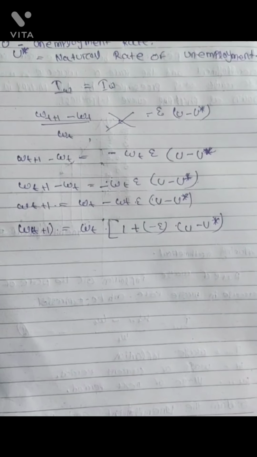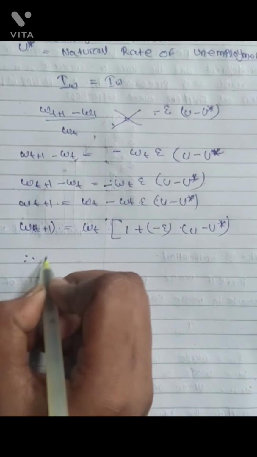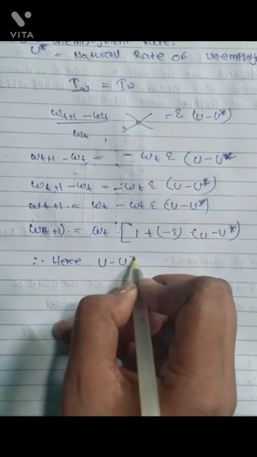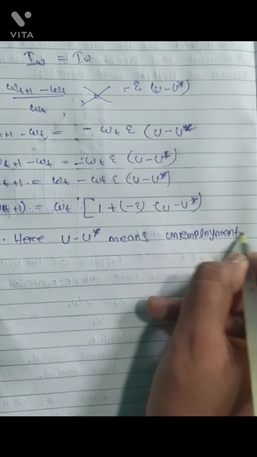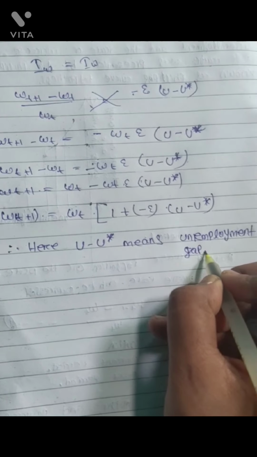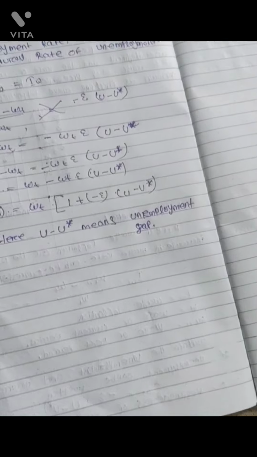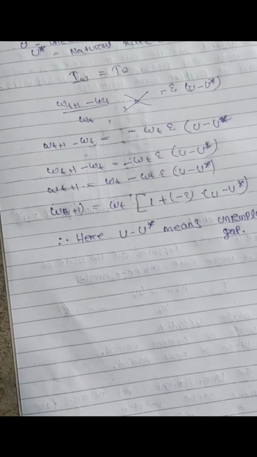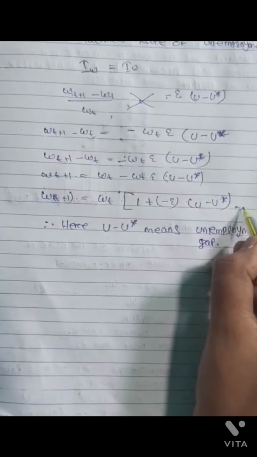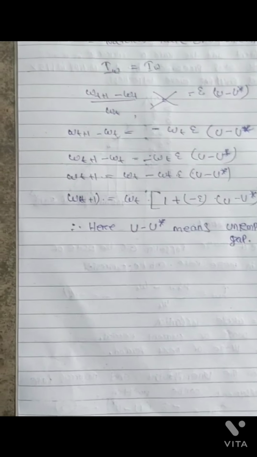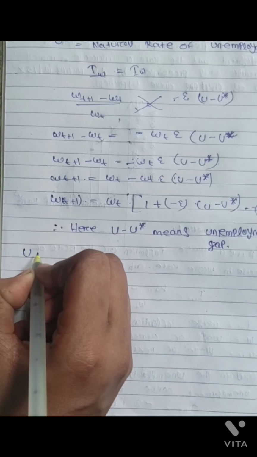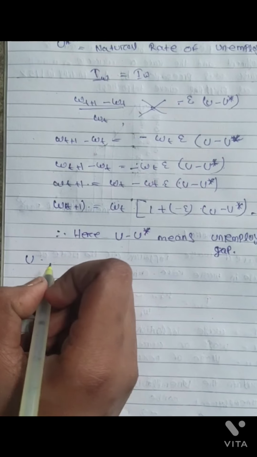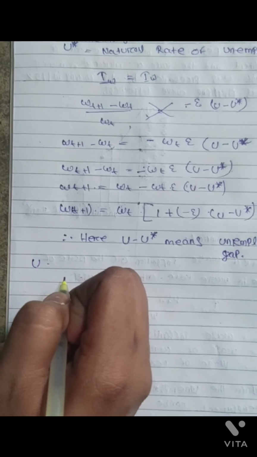Therefore, U minus U star means the unemployment gap. This is equation 3. Here U means unemployment and U star means the natural rate of unemployment.